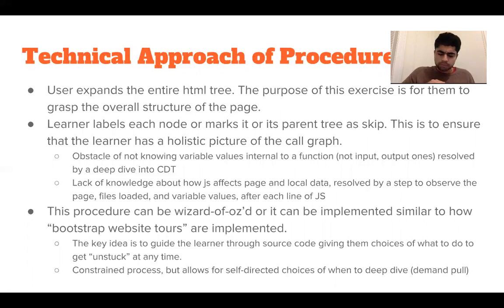And this notion of marking skip on a tree level is important. A learner is allowed to skip a whole bunch of code by just marking skip on the entire tree. However, they are aware that that code exists, they're aware that those function calls exist, and they have achieved a holistic picture of the call graph.